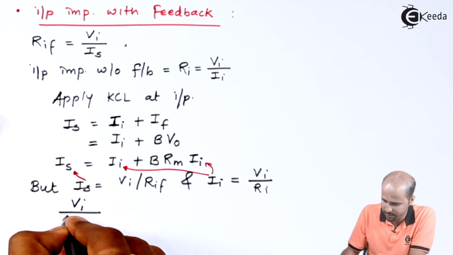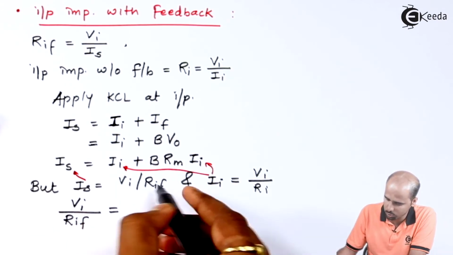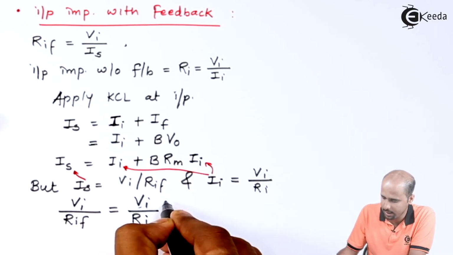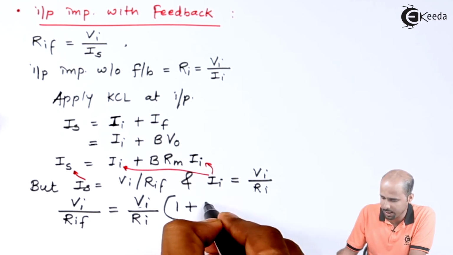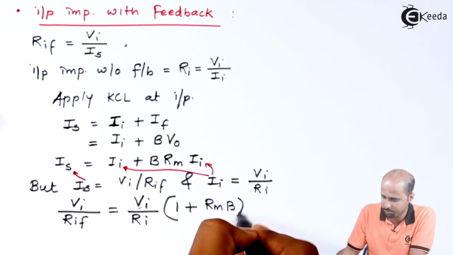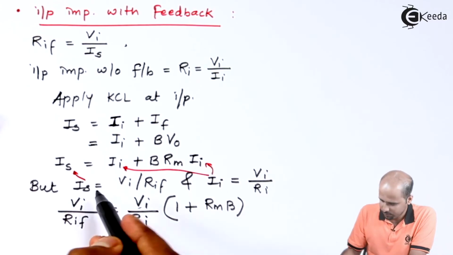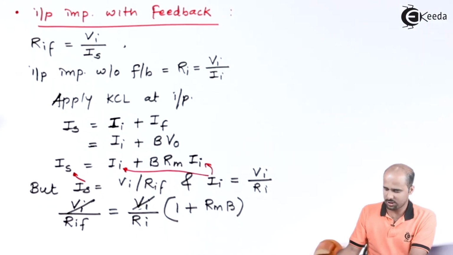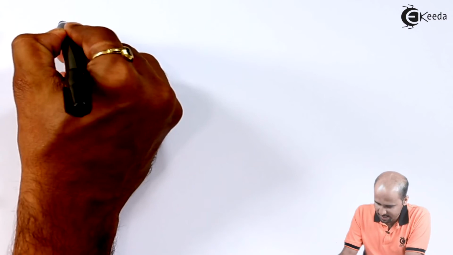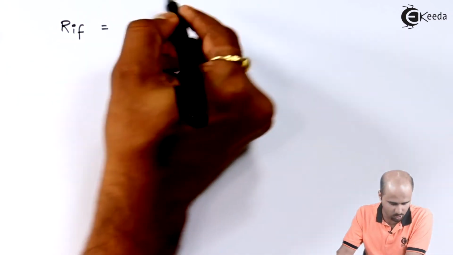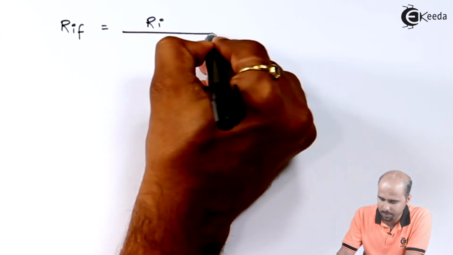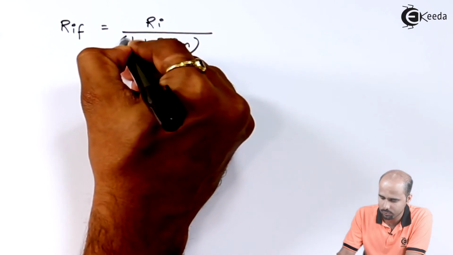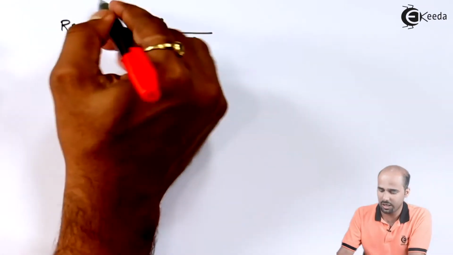So Vi divided by Rif is equal to, taking common, Vi divided by Ri, and in bracket I will be getting 1 plus Rm into B. Vi cancels Vi. Yes, now we have got the value of Rif as Rif is equal to Ri divided by 1 plus B into Rm.